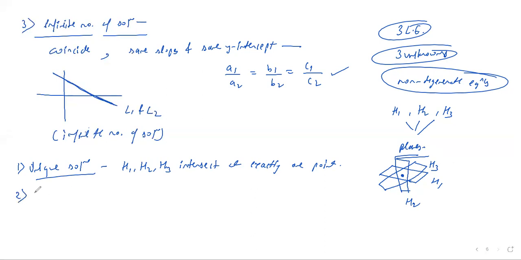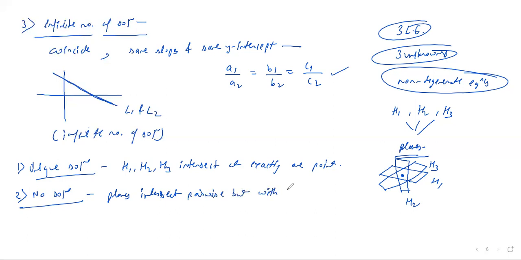And the second possible case is that the system has no solution. So they will have no solution when the planes intersect pairwise, but with no common point.